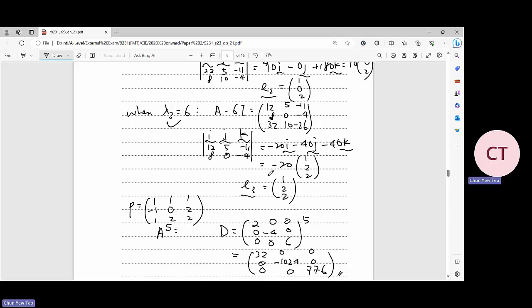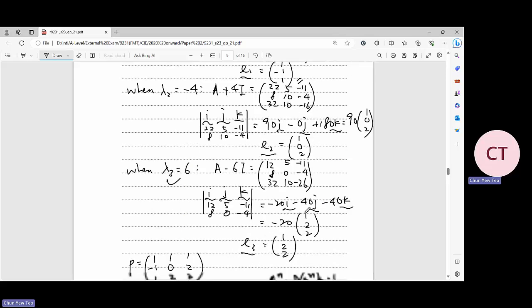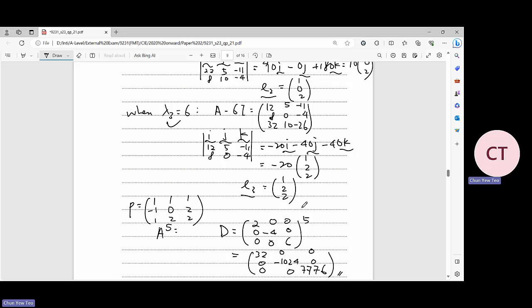Let me confirm on the calculator: 7776. Okay, so that will be the answer for the B and D, for part A.